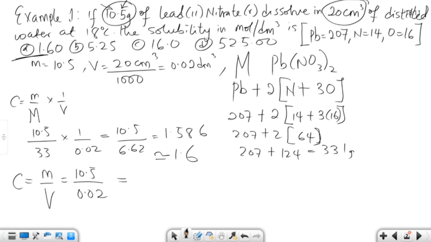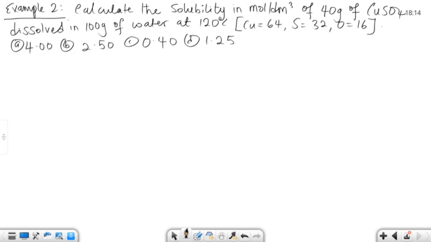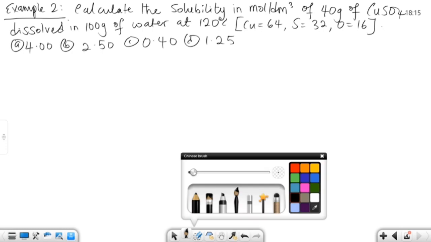Let's take a look at another example on solubility. Calculate the solubility in mole per dm³ of 40 grams of copper sulfate dissolved in 100 grams of distilled water at 120 degrees Celsius. Now, the water you were given is in gram.